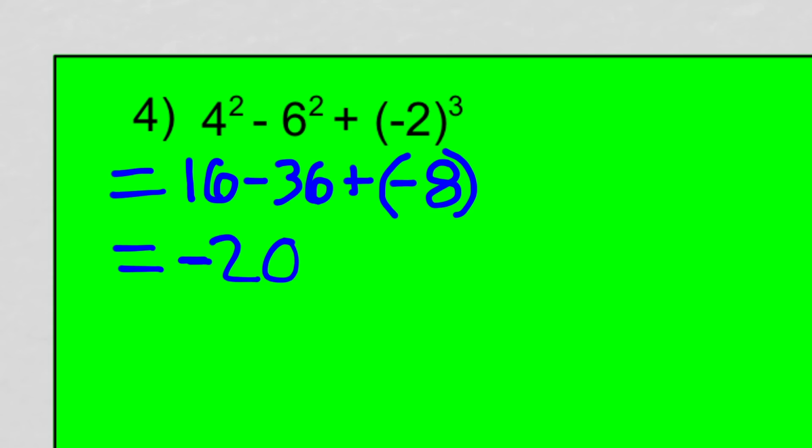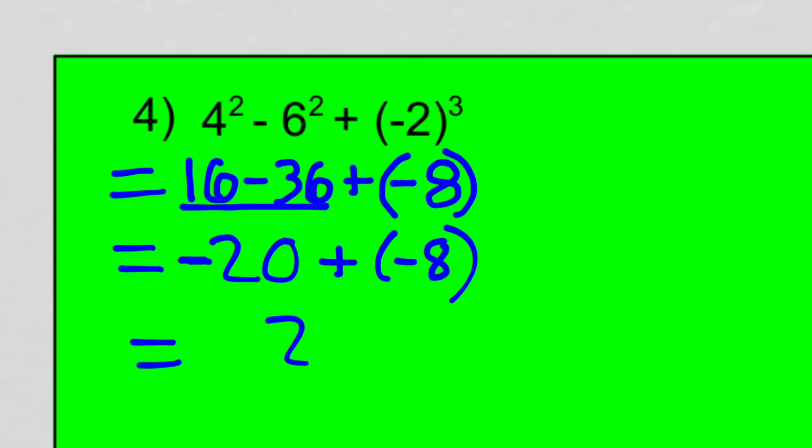I might gently cross out that so I don't use that part of the question again. You don't have to do that. Bring down the plus sign and bring down the negative 8. The signs are the same, so I add them. And they're both negative. When I add two negatives, the answer is negative.